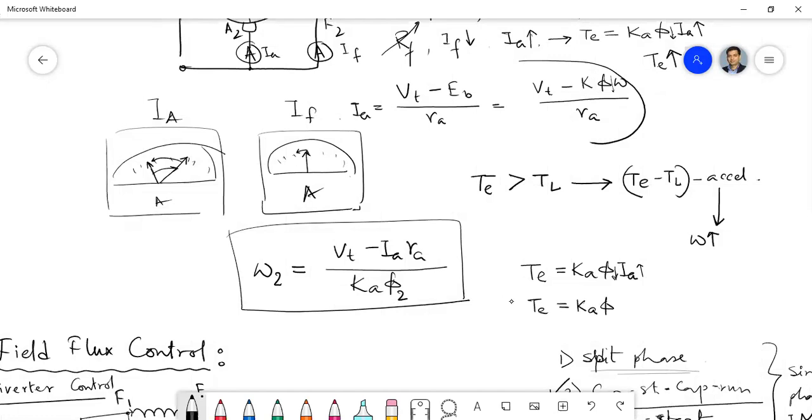That is the point I want to discuss here. Suppose I want the armature current constant, because generally what we need in most drives, you should remember, is maybe a constant current drive or constant power drive. We generally want the armature current to remain constant because armature current is associated with a huge loss, since armature current is generally quite high.